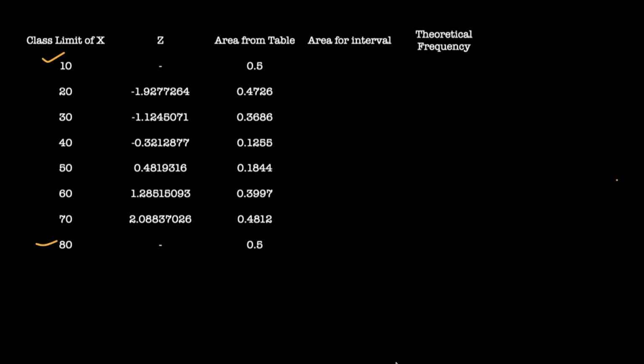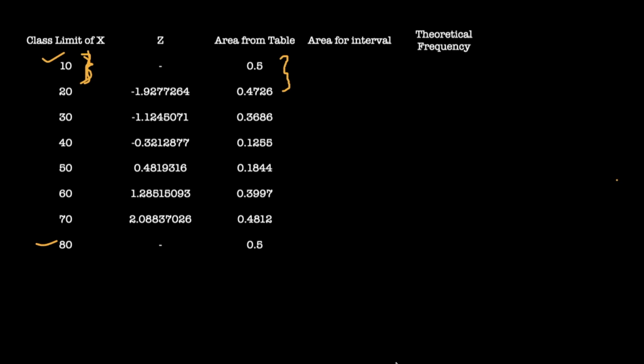Now we have to calculate the area for the interval from 10 to 20, right? That is the value between 0.5 and 0.4726, and we will write the area for the interval at the center, between these two values. Remember that.